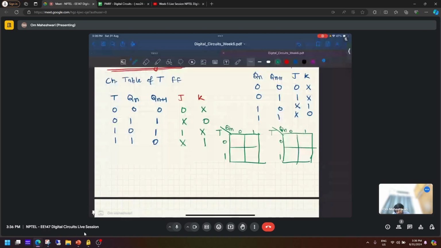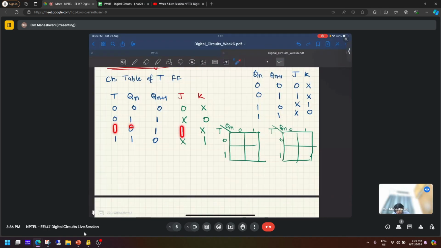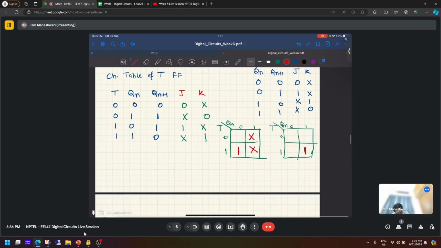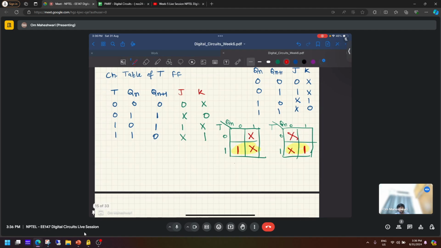For J, it is 1 when T and Qn are 1, 0, and cross for the others, and it is 1 when it is 1, 1, and cross in 1, 0 and 0, 0. Now we can make the groups. This is one group, this is one group. So J equals T, also K equals T.